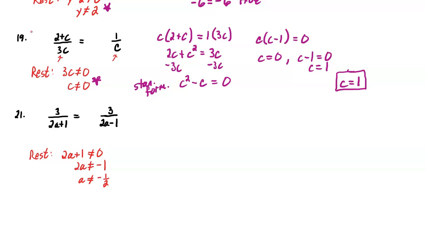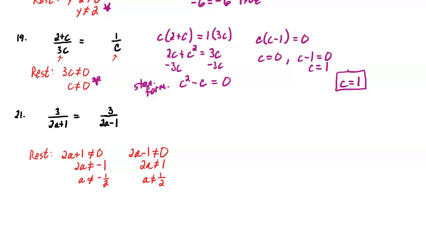Now the other denominator, 2a minus 1, that can't be 0. Add 1 to both sides, and then divide by 2. We discover we have two restricted values. Later on, we have to pay attention to this to make sure that the answer that we get from our algebra work doesn't result in negative 1/2 or positive 1/2.